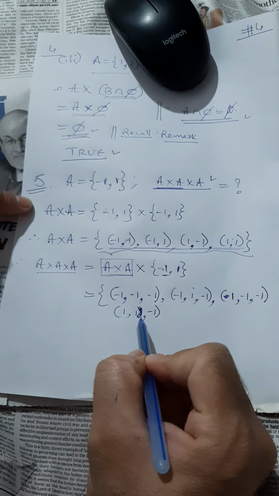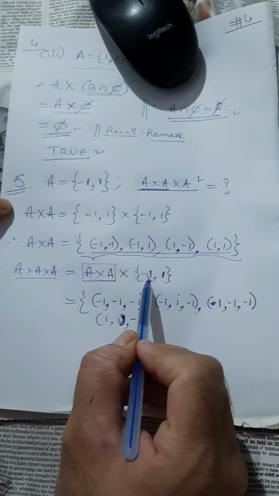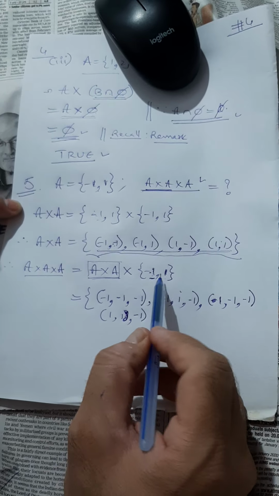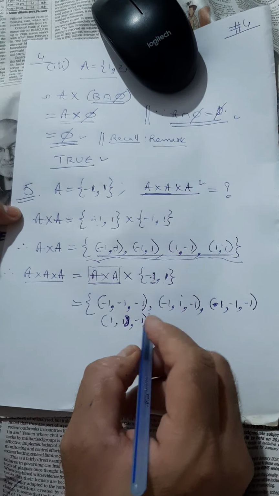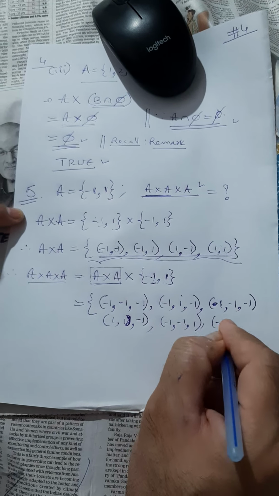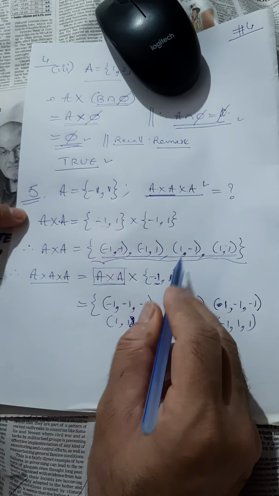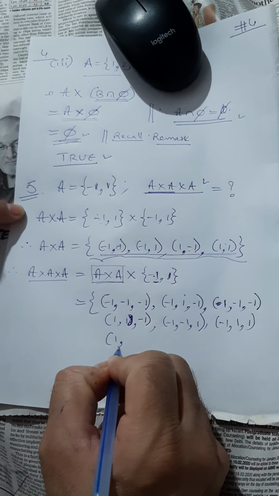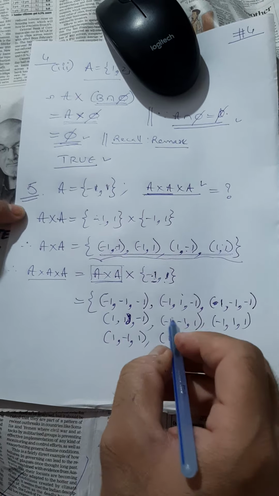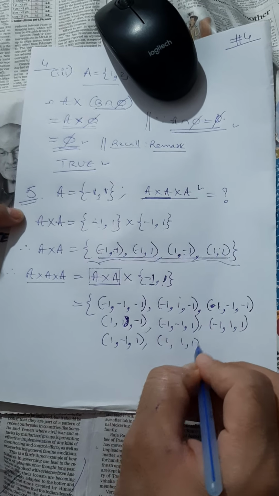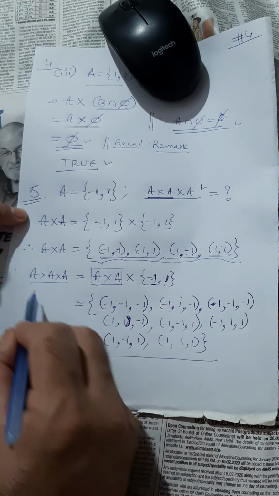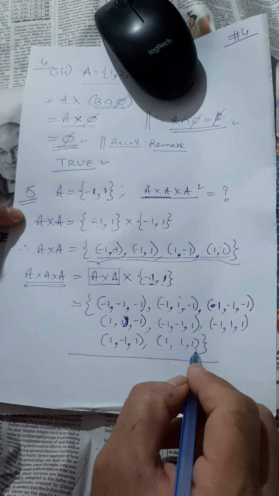So that is minus 1 combined with each of these. And in the same way, each of these is combined with 1: minus 1, minus 1, 1; minus 1, 1, 1; then 1, minus 1, 1; and finally the last with 1: 1, 1, 1. So this way you will get a total of 8 ordered triplets here. A cross A cross A would have 8 ordered triplets.